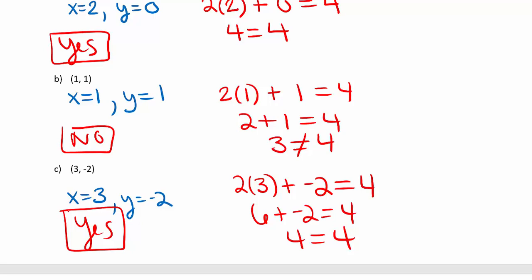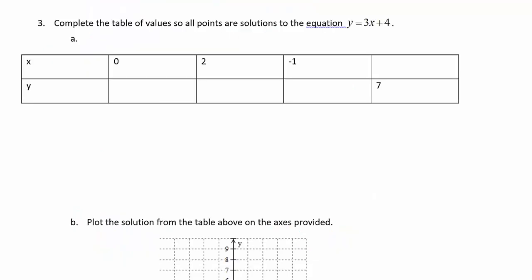So equations with two variables have more than one solution. They actually have lots of solutions, lots of different ordered pairs that give you a true statement when you plug them in. And in fact, if we know part of a solution, we can find the other part of that ordered pair. So in example 3, we are given another equation, y equals 3x plus 4.